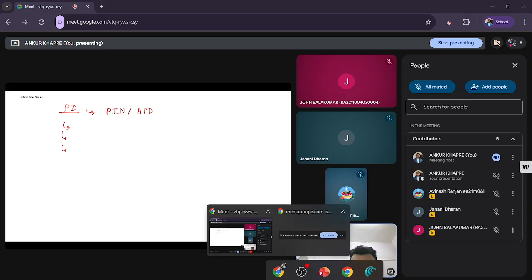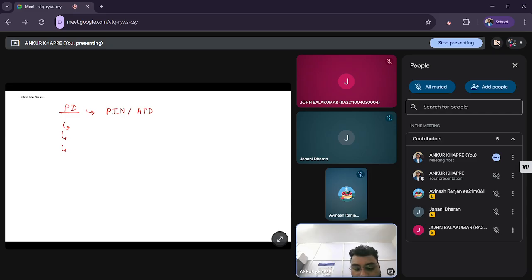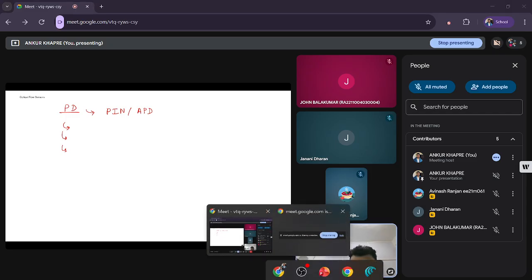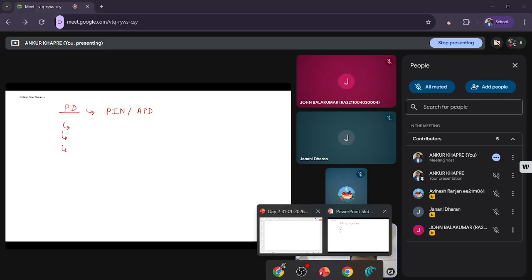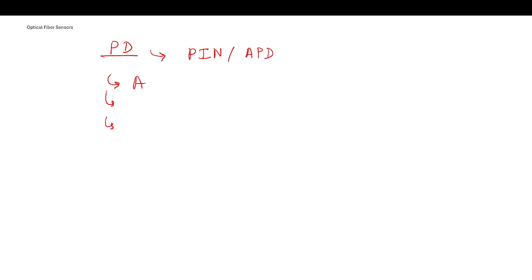The most important thing is absorption. Where it is absorbing: in the visible range, or in the IR range, or the mid IR range.